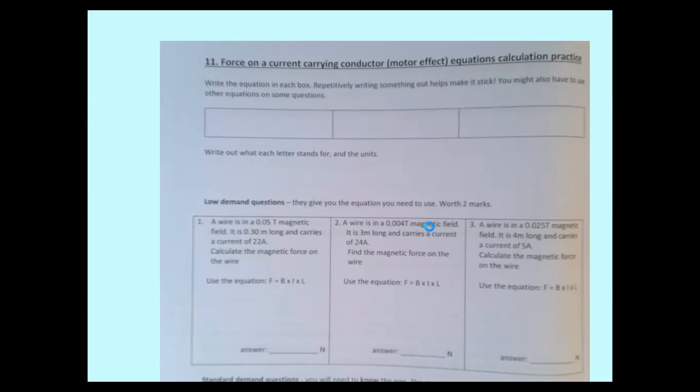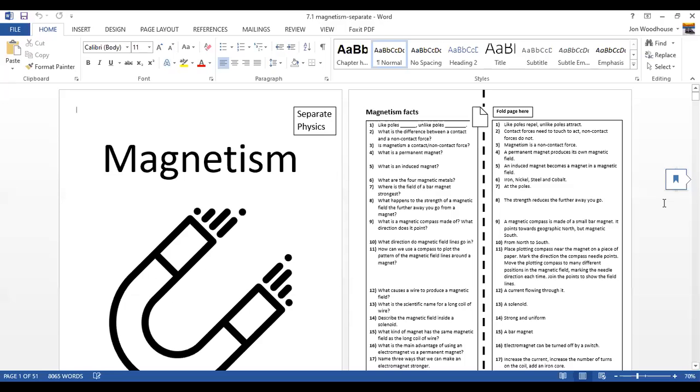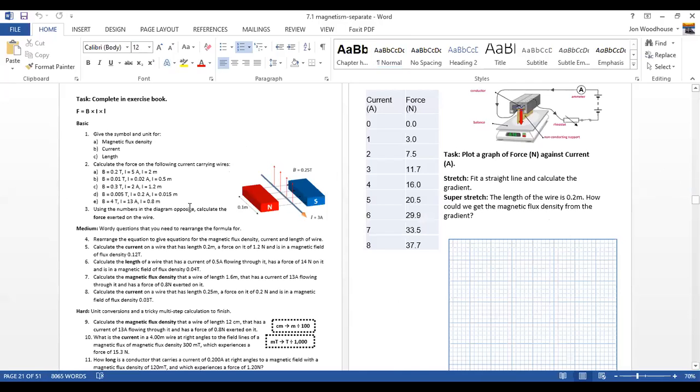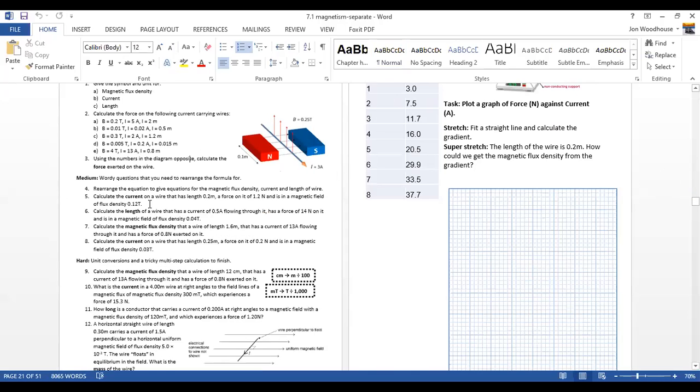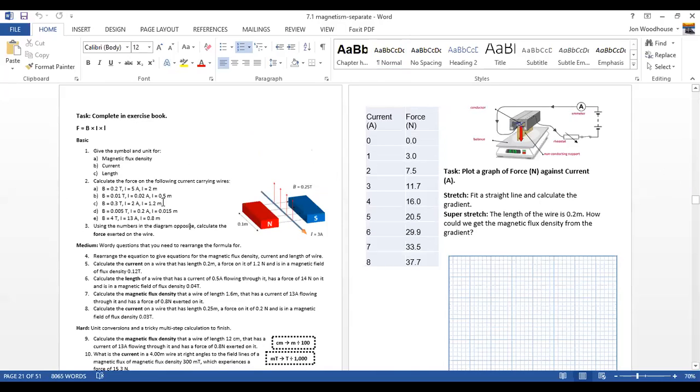What I'd also like you to do is, in this booklet, you've got magnetism, electromagnetism, and on page 21 of your booklet, there are some questions. I will put up links for the solutions to these questions in the email that's with this PowerPoint.